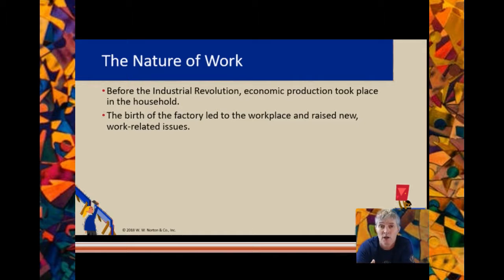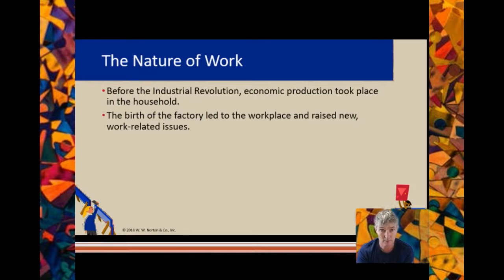Whatever the exertion of energy and the byproduct of that exertion, whether it was growing products like corn or squash or other things that you might have in your garden, or it was tending the cattle or the livestock or hunting and gathering, the nature of work was to benefit the household itself.